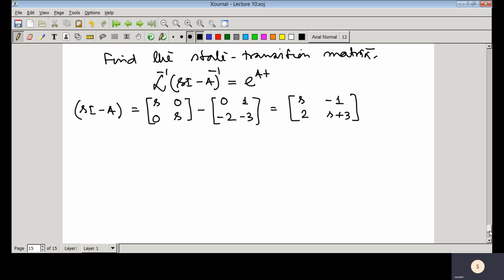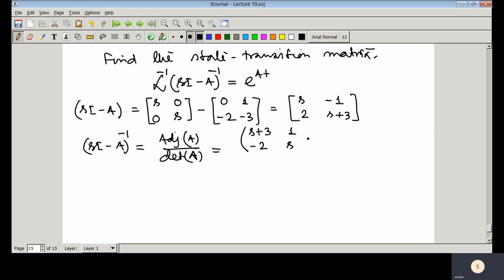Now we are interested in finding (sI minus A) inverse. So (sI minus A) inverse is the adjoint of A over the determinant of A. I hope you all know this, but again I am just showing it here. The adjoint is s plus 3, 1, minus 2, s, and the determinant is s times (s plus 3) plus 2.